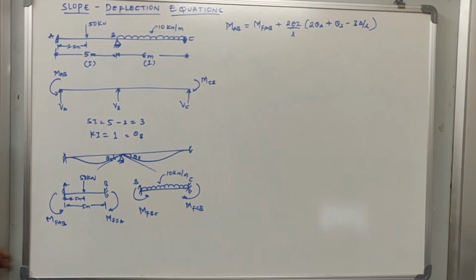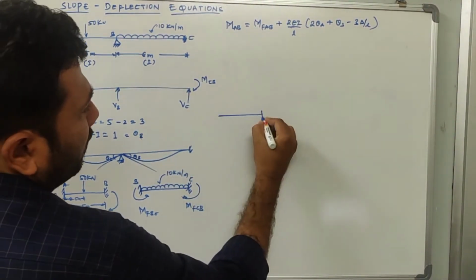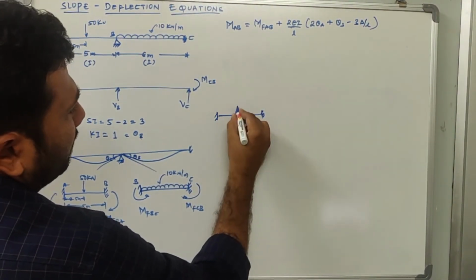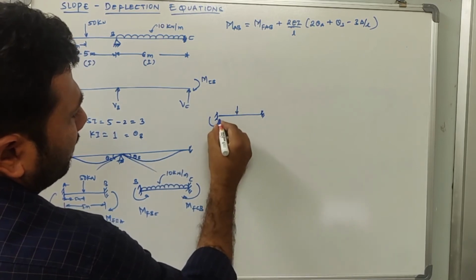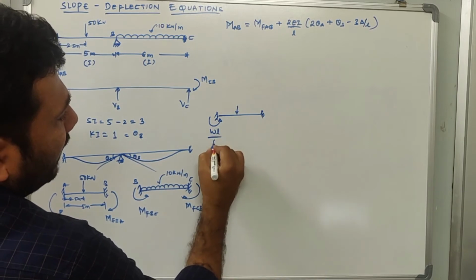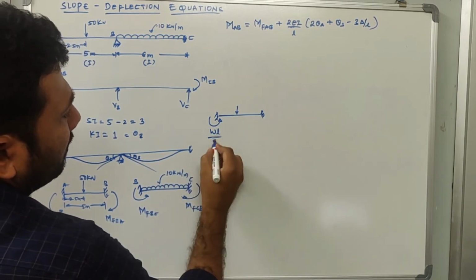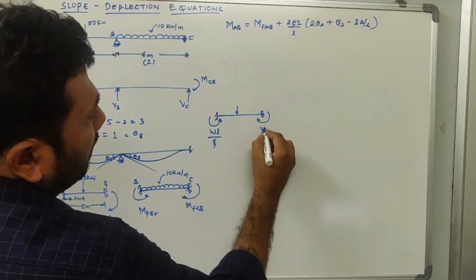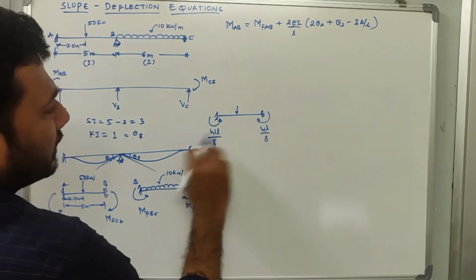See here, what is the equation to solve for a concentrated load at the center? If I tell you to calculate the fixed end moment, I have derived this equation earlier in the class. This is WL by 8 and this is also WL by 8. Let us see the sign symbols later.